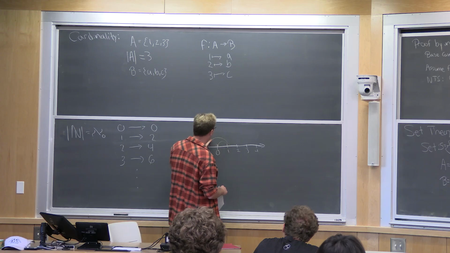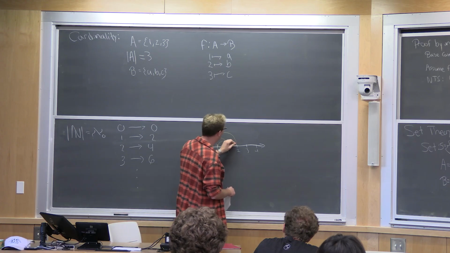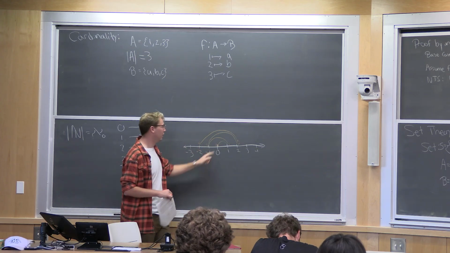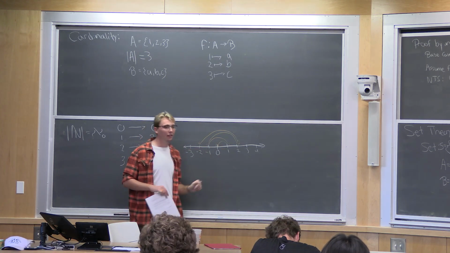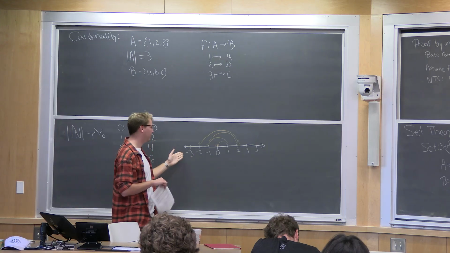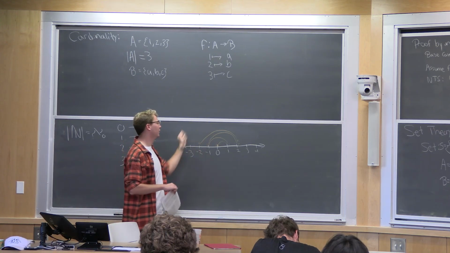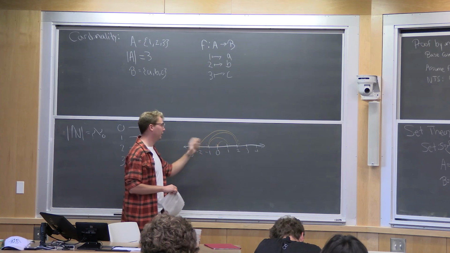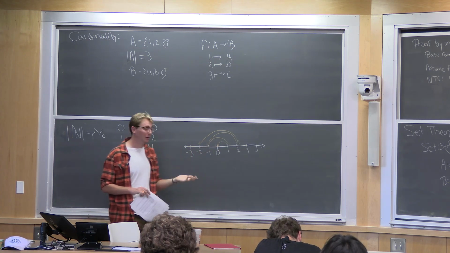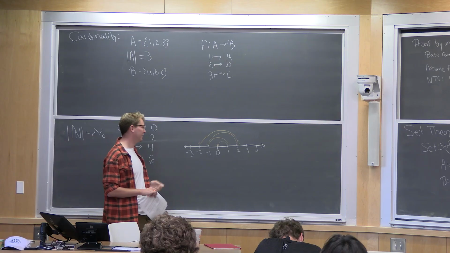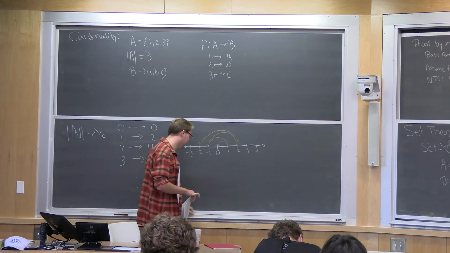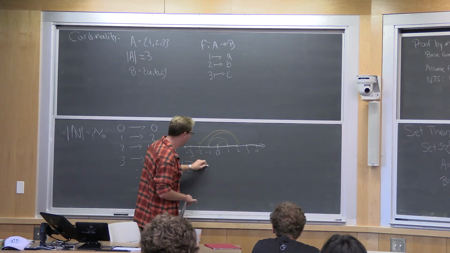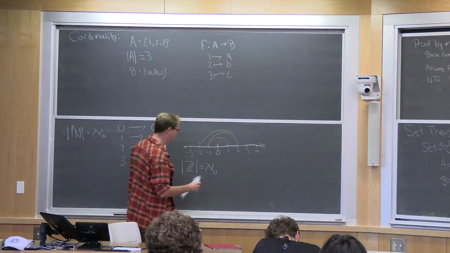It's 1, 2, 3, 4, and so on. So we bounce back and forth. Does everybody see how every integer will be hit with this bouncing back and forth? And that every integer, we just enumerate it. So that's your one-to-one bijection between the integers and the natural numbers. So the cardinality of your integers is also equal to aleph null.